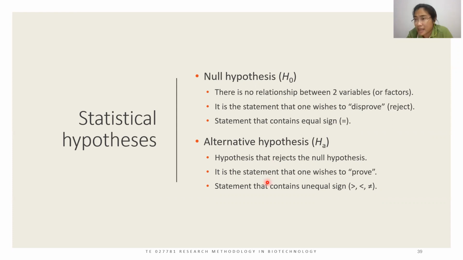That can be not equal, more than, or less than. As long as it's not an equal sign, it is the alternative hypothesis. If you want to prove that something has an effect, it is always the alternative hypothesis. Basically, if you want something to happen, you want to reject the null hypothesis. But that is the way statistics works.